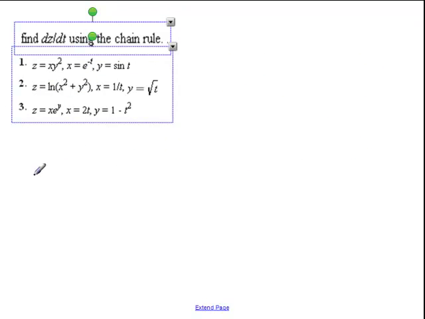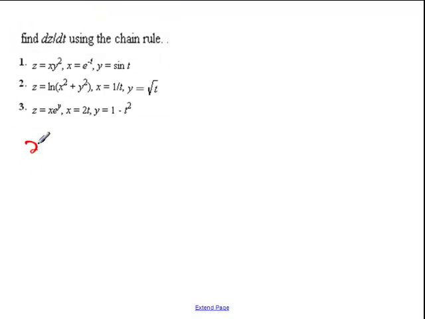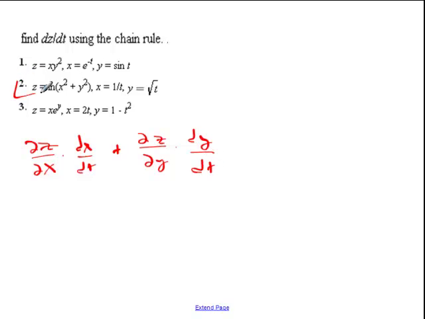Again, partial of z with respect to x times dx dt plus partial of z with respect to y times dy dt. Looking at our second equation, with respect to x, we're going to get 1 over x squared plus y squared times 2x, that's the partial of z with respect to x, times dx dt.